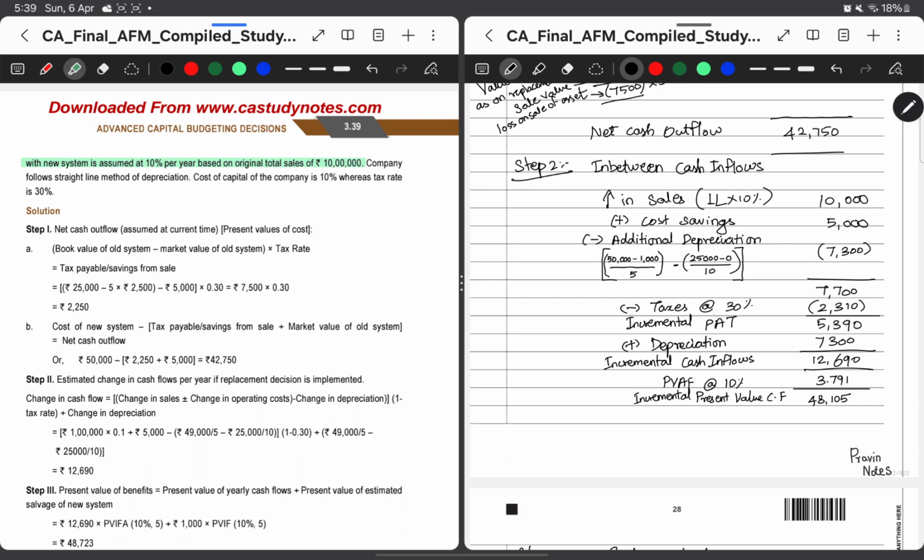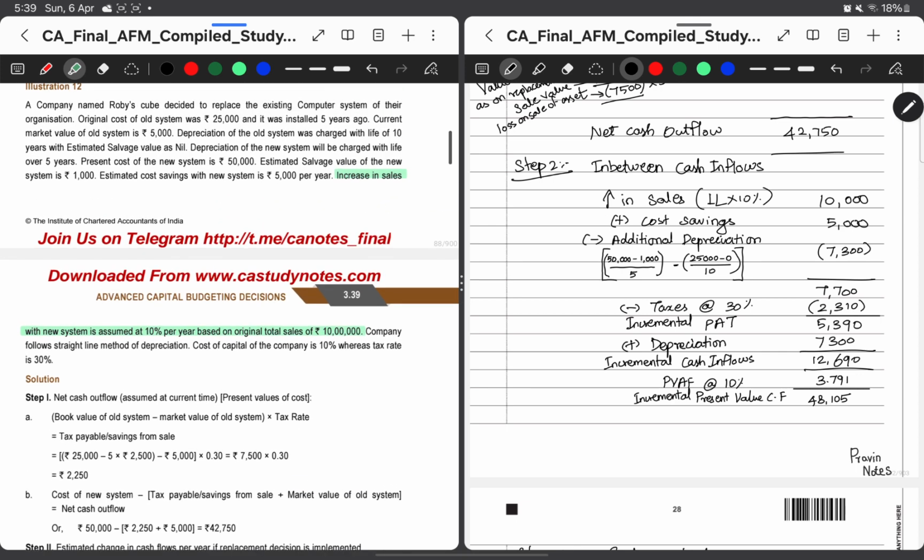So we are going with the ICAI approach only, but actually it is wrong, because 10 lakh into 10%, 1 lakh we should consider ideally as our incremental sales, then 1 lakh plus 5,000, that's how we should have calculated. But ICAI is taking 1 lakh, which obviously is wrong, some printing mistake or something, I don't know, which we have to check either in our RTPs or latest releases or student journal.